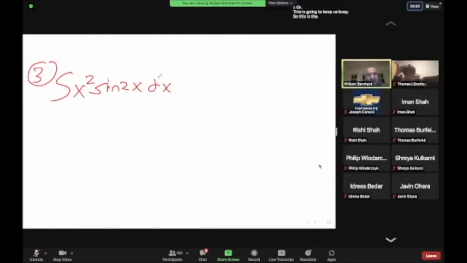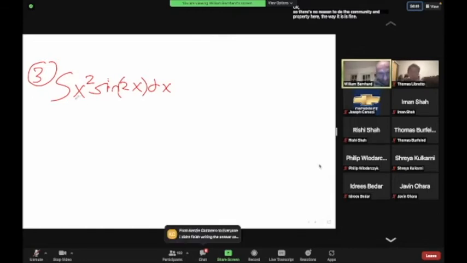So this is the integral of x squared sine 2x dx. I guess you could put the 2x in parentheses if you choose. There's no reason to do the commutative property here. The way it is is fine. You don't have to reverse it. There's no natural log.